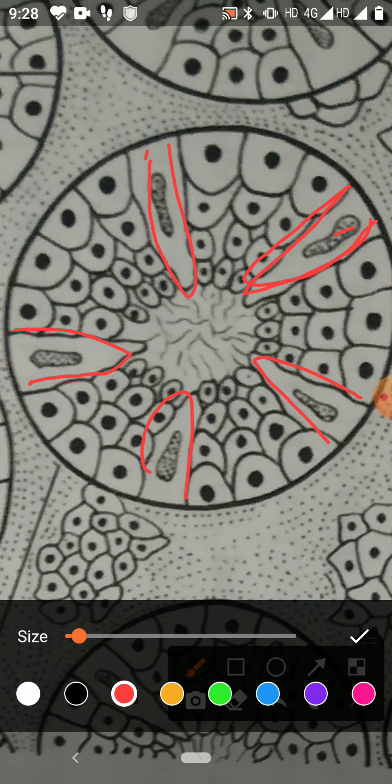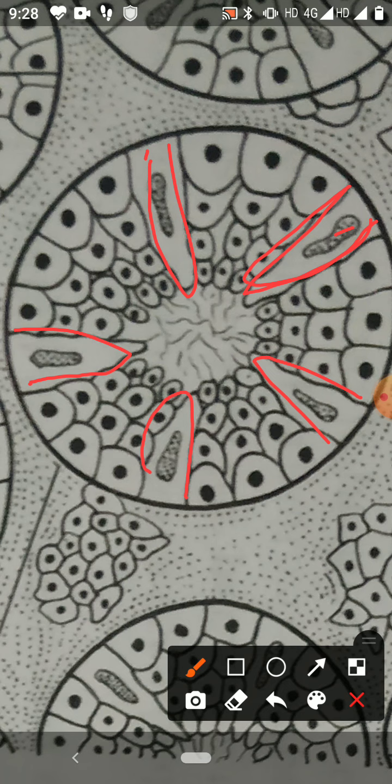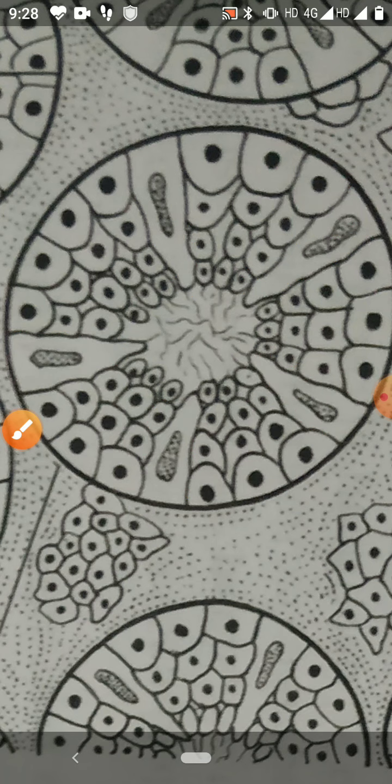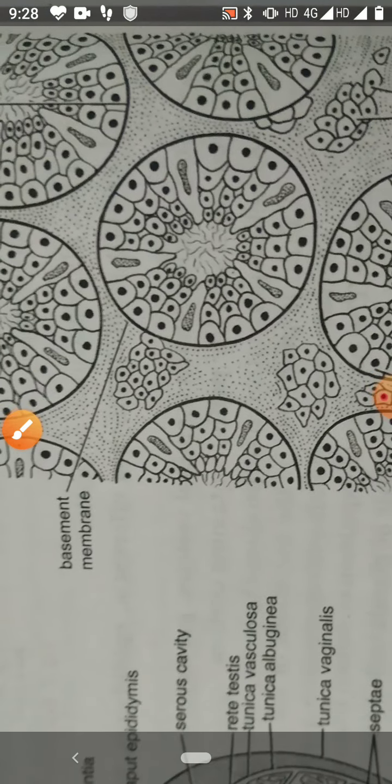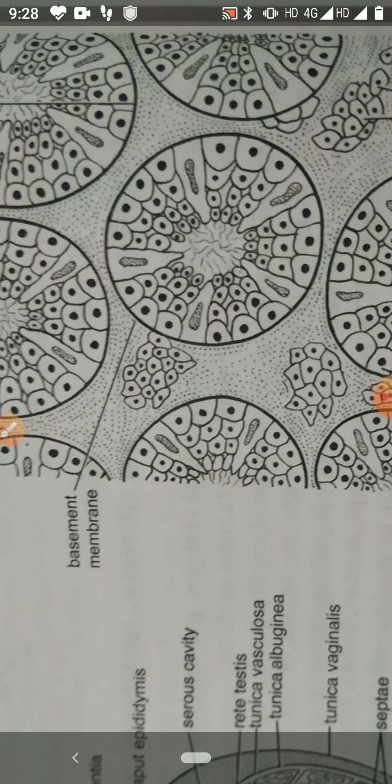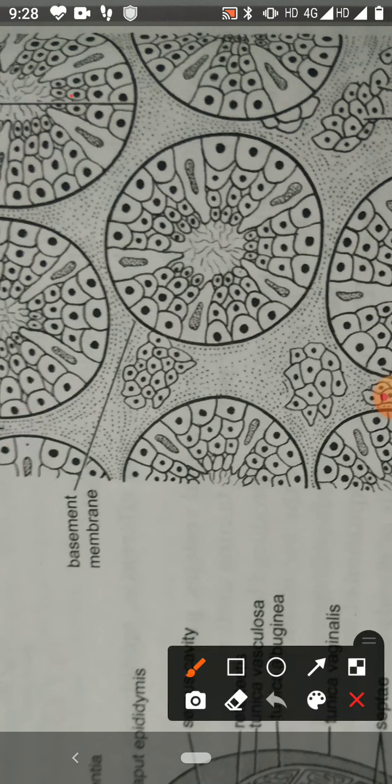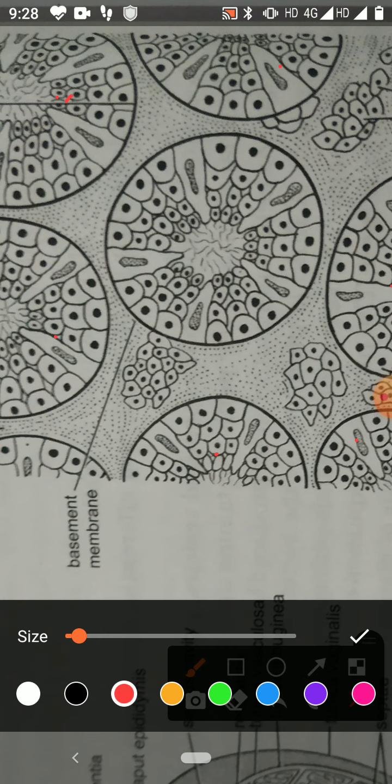In between the seminiferous tubules, like you see here, many: 1, 2, 3, 4, these are the many seminiferous tubules. In between the seminiferous tubules, a group of scattered cells are present.